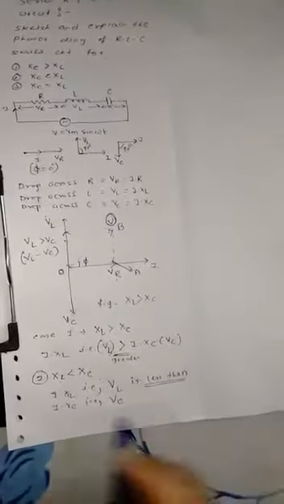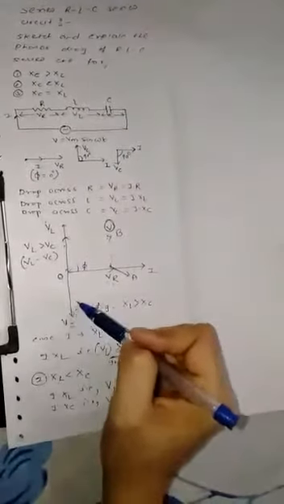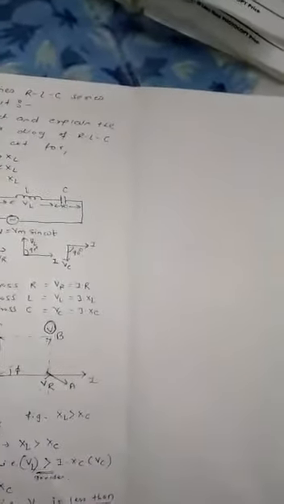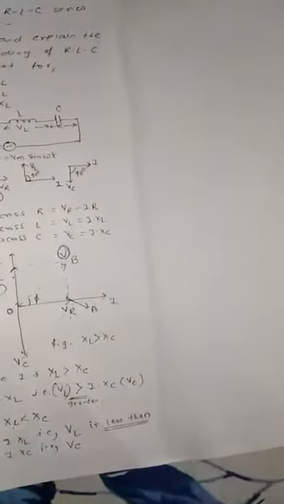Clear? So the resultant of VL and VC will be directed towards VC. Now draw the phasor diagram for the condition XL is less than XC. The phasor sum of VR and VC minus VL gives the resultant supply voltage V, shown in the figure.